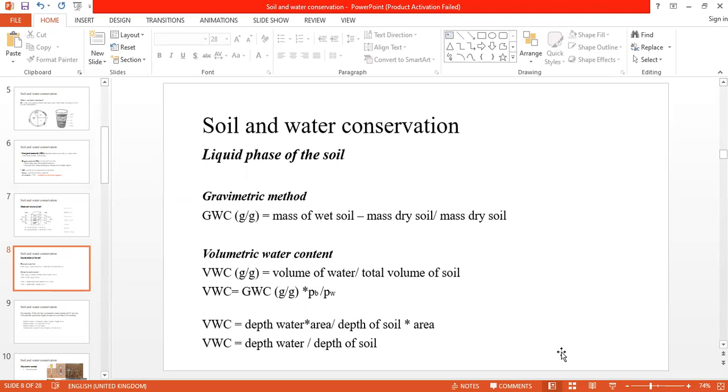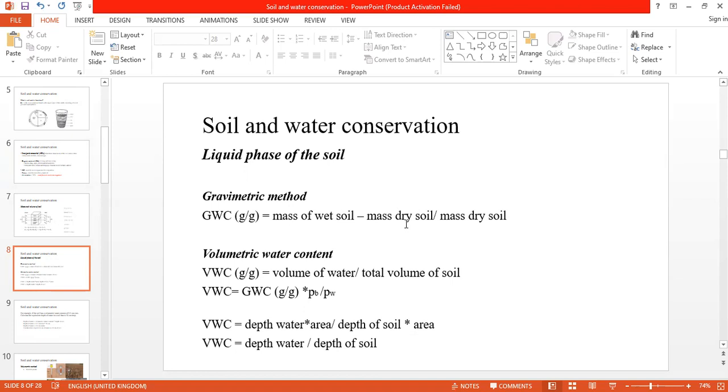There's a parameter which we call gravimetric water content, which is the mass of water divided by the mass of dry soil. To get the mass of water, it's the mass of the wet soil minus the mass of the dry soil. So this is the gravimetric water content.